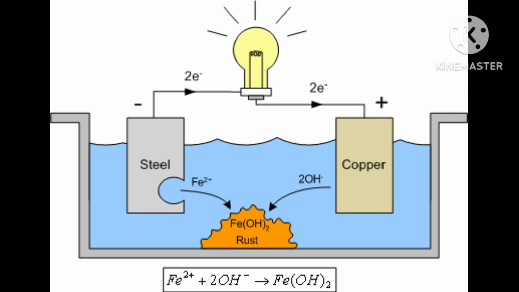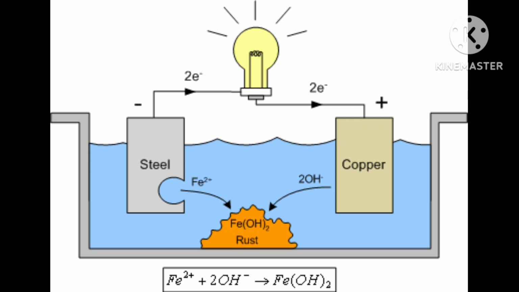There is also another scope to get H plus. How? H2O is there and carbon dioxide is also there in our atmosphere. CO2 plus H2O forms H2CO3, carbonic acid. Carbonic acid ionizes as H plus and HCO3 minus.